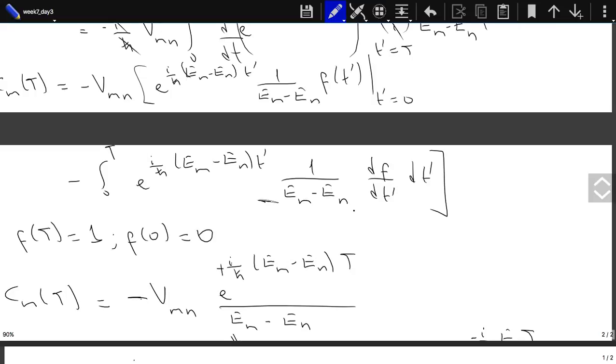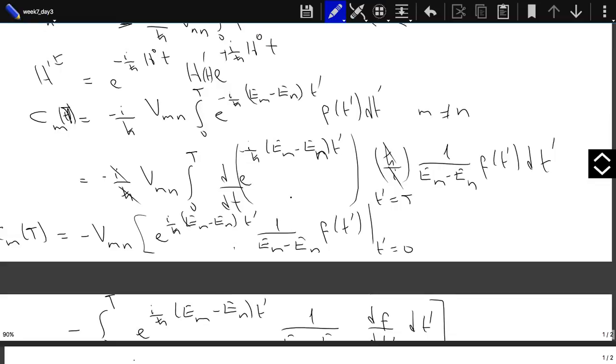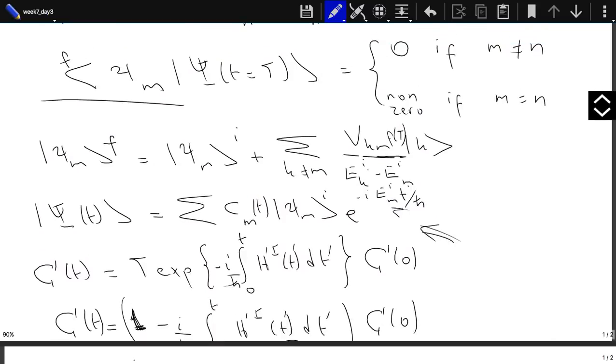If you go to the step before, when you took the derivative, you should have a minus, because the exponential is minus. No, I said that's a plus. Probably I made a mistake in this expansion. Probably this was not Ek minus Em, but Em minus Ek.